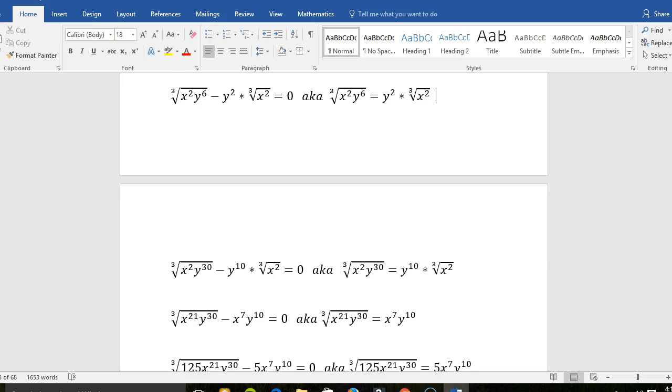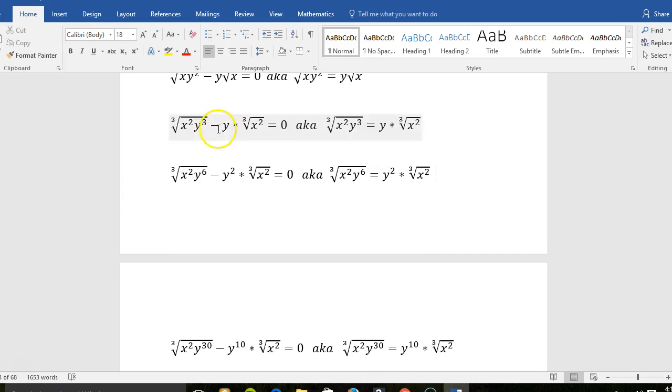Now, one thing I didn't comment on earlier is I didn't go back to the left. This is 0. Since these two are equal, the subtraction of the 2 is 0. And likewise here, the subtraction of the 2 is 0 because they're equal. We established a minute ago that these are equal, so if we subtract the 2, we get 0. And again, we're assuming all variables are positive.